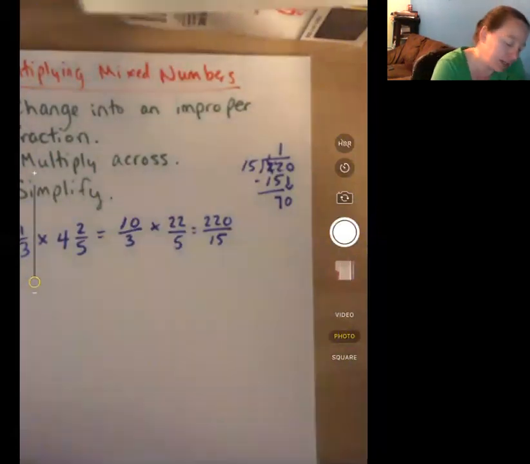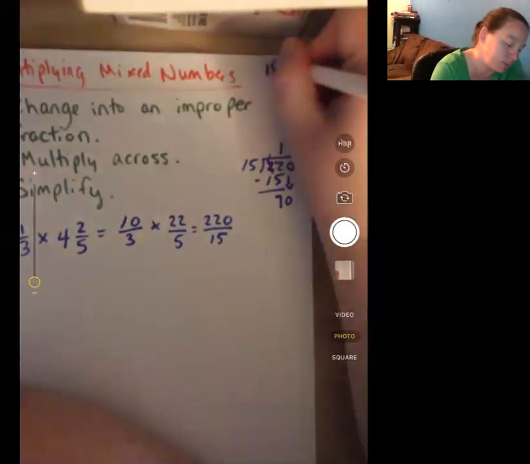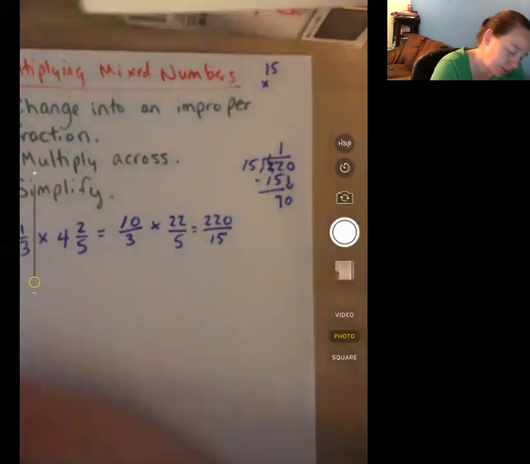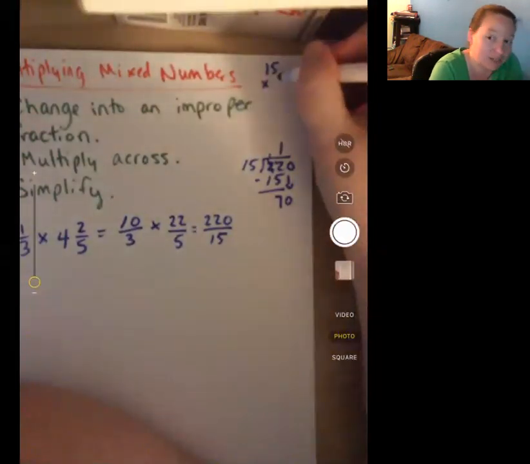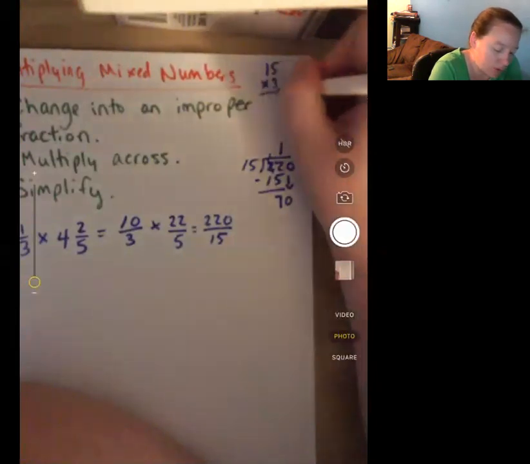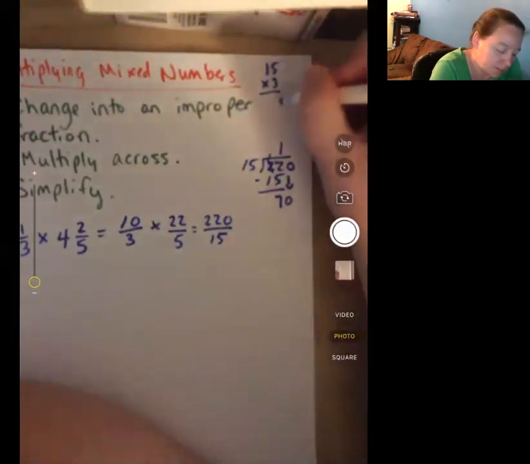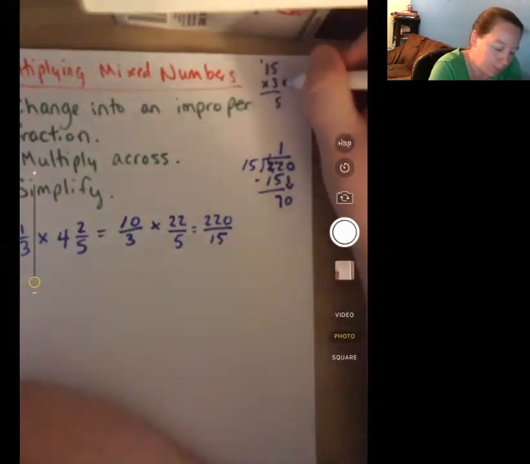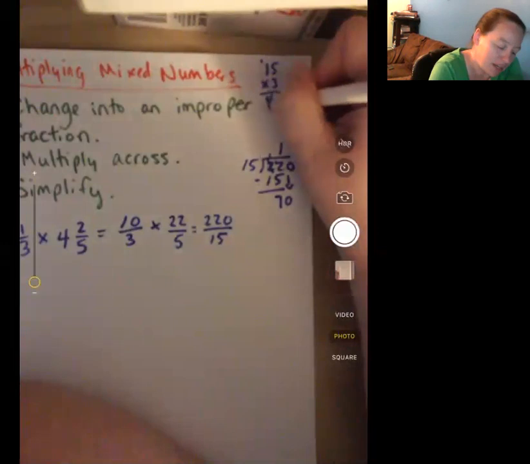Well, let's try this. 15 times what? If I round, it ends up being a 20, and 2 goes into 7 3 times to make a 6. Let's try the 3 first off. 3 times 5 is 15. 3 times 1 is 3, plus 1, 4. 45, not quite big enough.